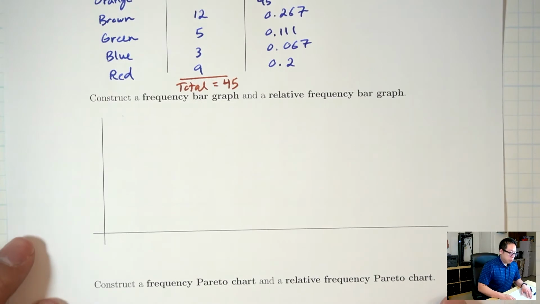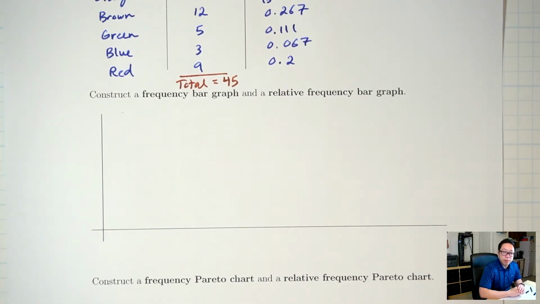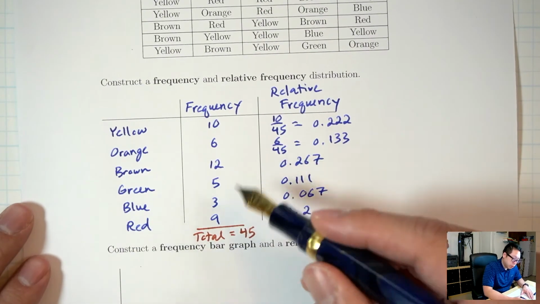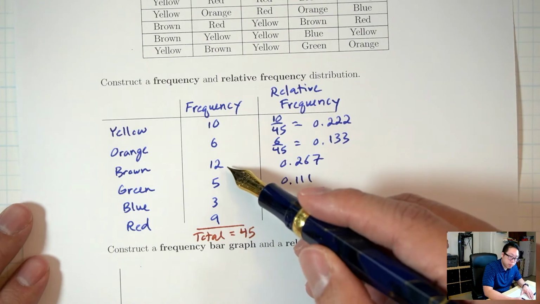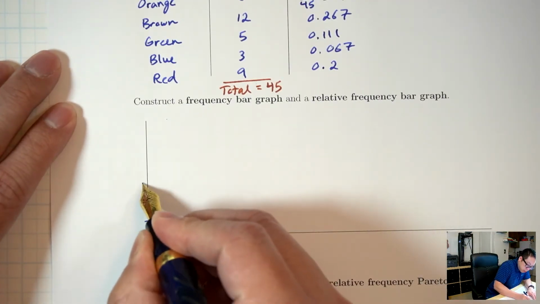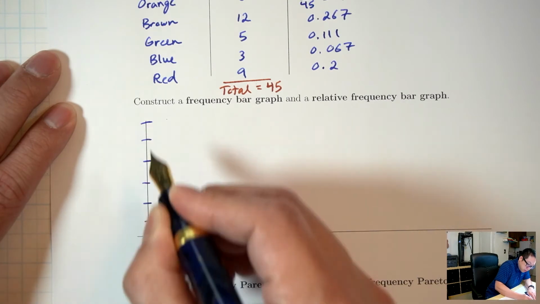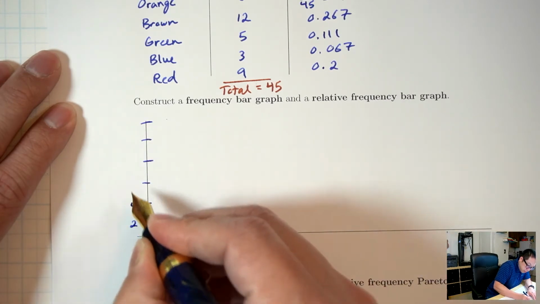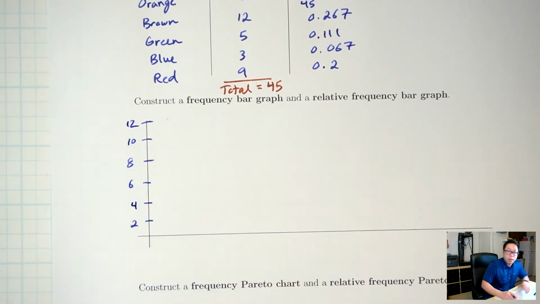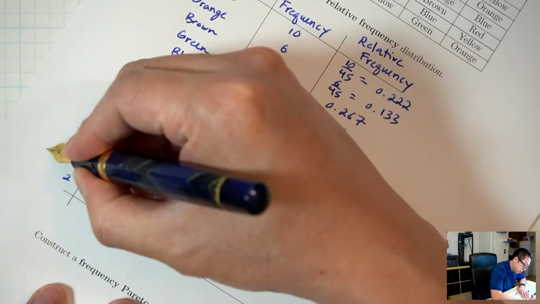The main graph for qualitative data is going to be a bar graph. So I'm going to put frequency on the y-axis. Frequencies go all the way up to 12 here. Let me count by twos: 2, 4, 6, 8, 10, 12. Okay, these are my frequencies.